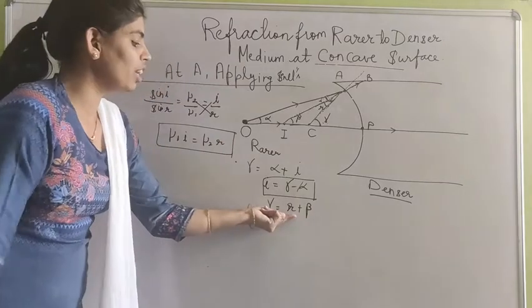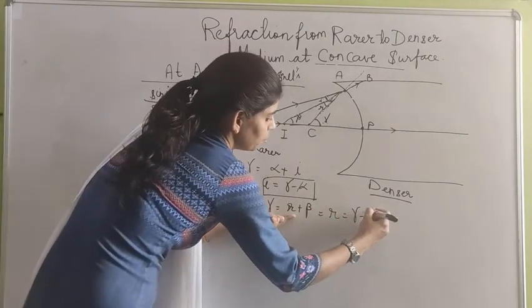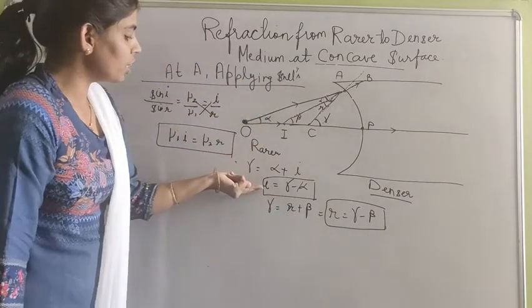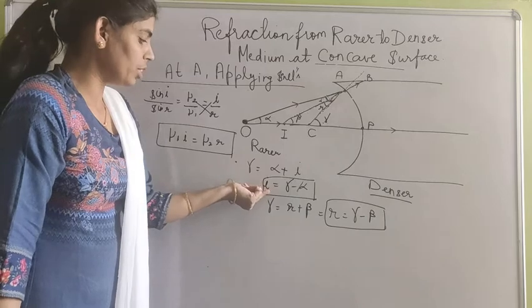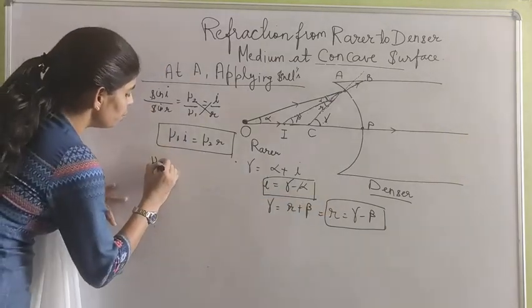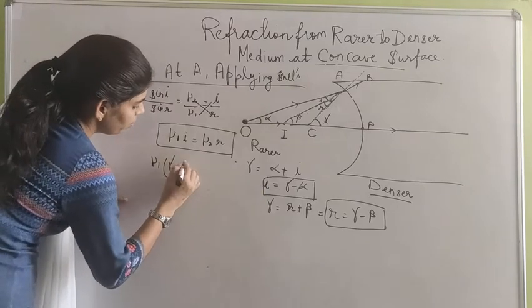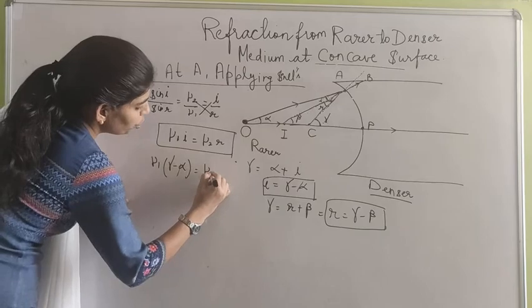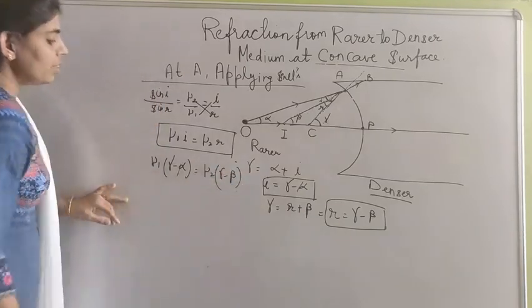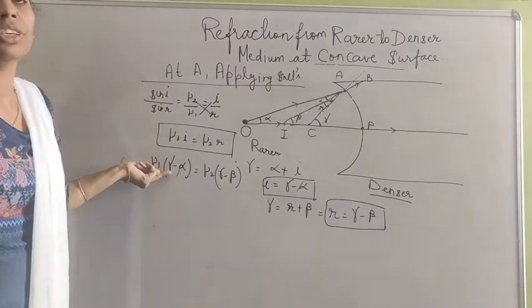We can find out the value of R. R is again gamma minus beta. So from here we will take the value of I and R and put in this equation. So it would become mu1 into I, I is gamma minus alpha, and this is equal to mu2 into R, R is gamma minus beta, and we will take tangent of beta, tangent of gamma, and tangent of alpha.